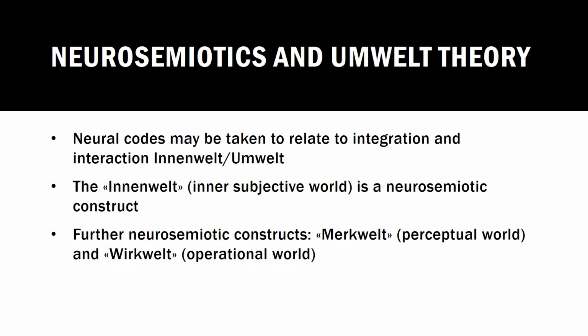So many of his core terms are relevant in the context of neurosemiotics. And the Merkwelt has to do with our use of our senses, and the Wirkwelt has to do with the use of our muscles. And this all goes through the nervous system.